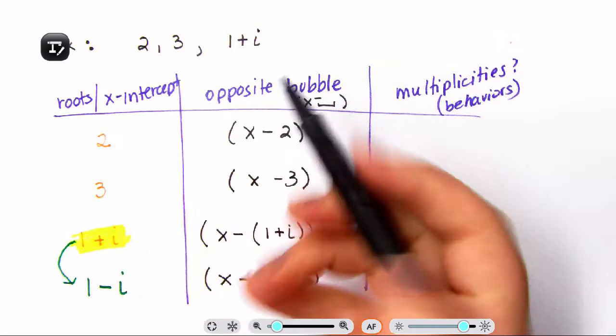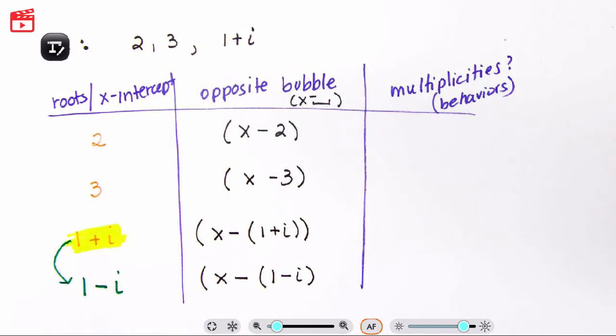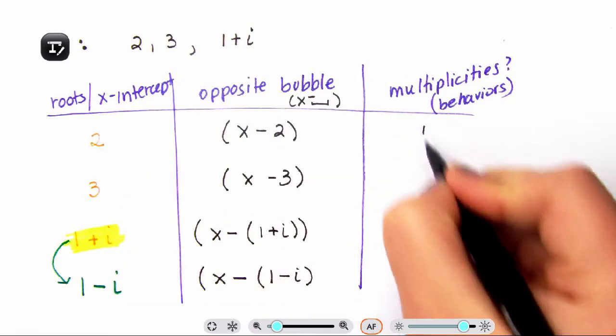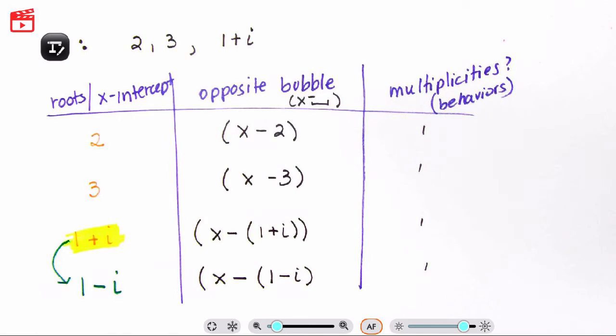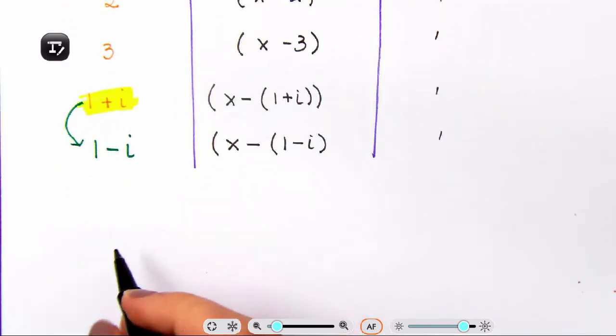So what are the multiplicities? Unless they tell you, hey, it's multiplicity 2, multiplicity 3, the exponents are going to be 1. So this is 1, 1, 1, and 1. When you're writing the polynomial, you're going to multiply these out because you want this in expanded form.